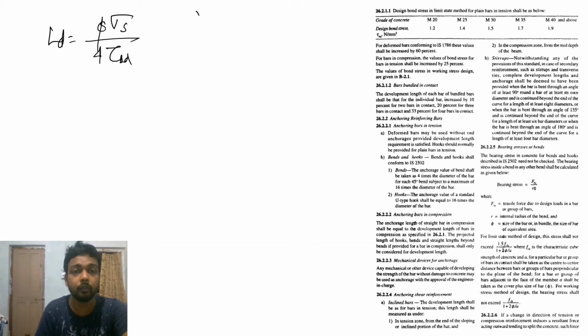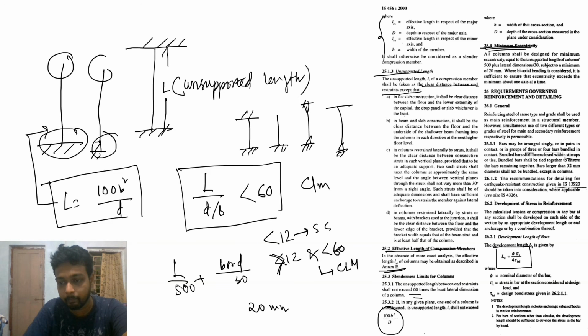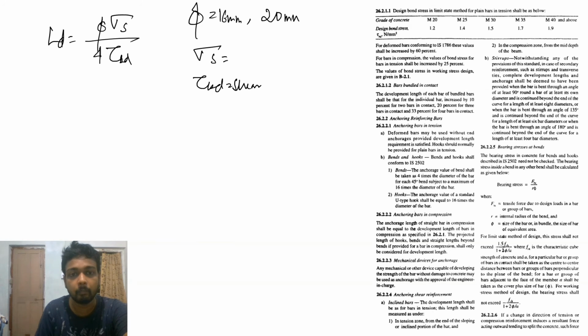Suppose you use a 16 mm diameter bar, then 16 mm should be phi. Say you use a 20 mm diameter bar, then 20 mm is phi. Sigma s is the stress in the bar, and tau bd is the bond stress.